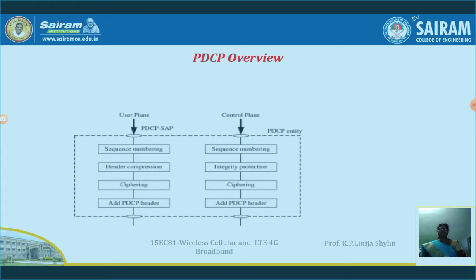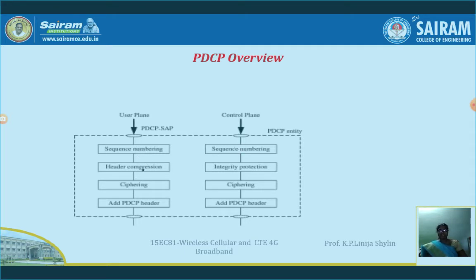This protocol is associated with the user plane as well as the control plane. This is the service access point, and there is a single PDCP entity here. In the user plane and the control plane, the contents include sequence numbering.